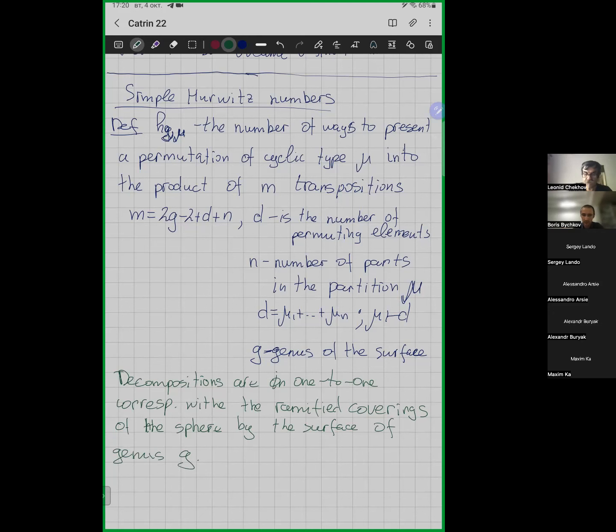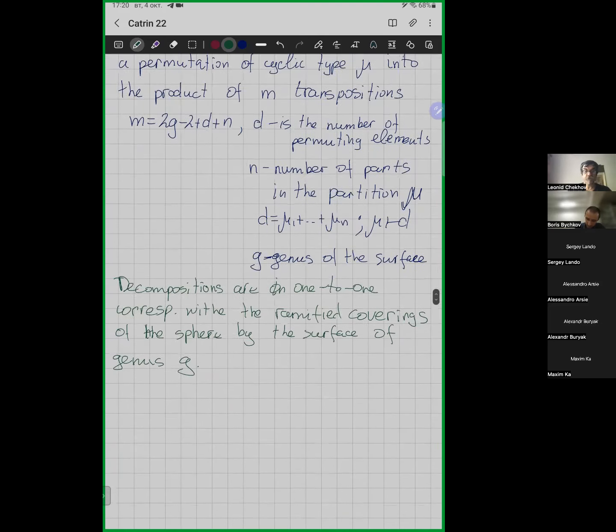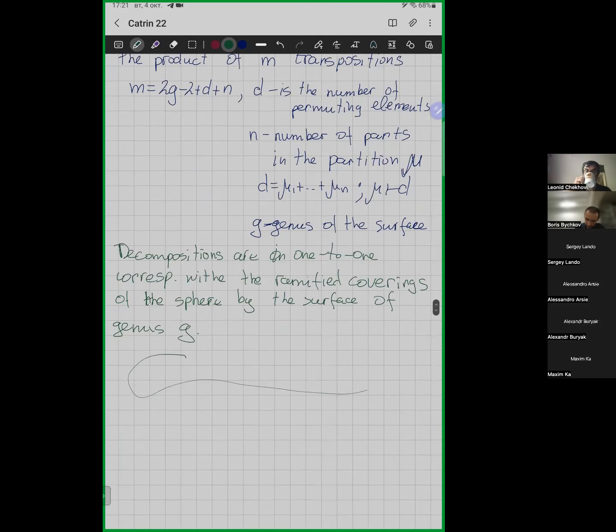And so the picture is as follows. We have a sphere here, S2, and we have endpoints here of simple ramification.